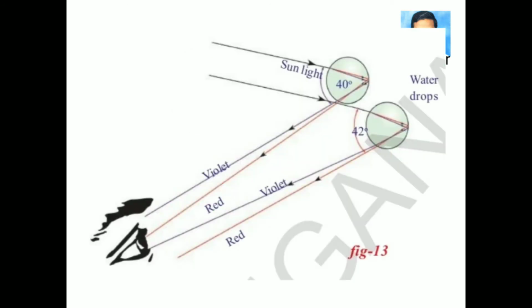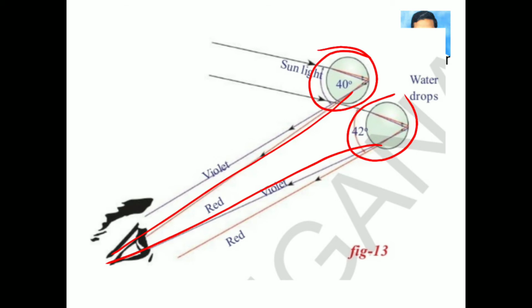Although each drop disperses a full spectrum of colors, an observer is in a position to see only a single color from any one drop, depending upon its position.